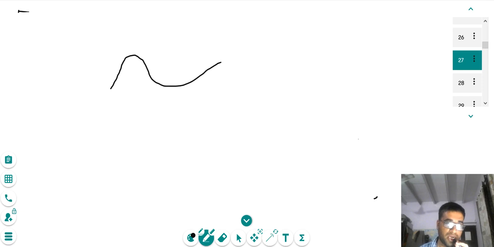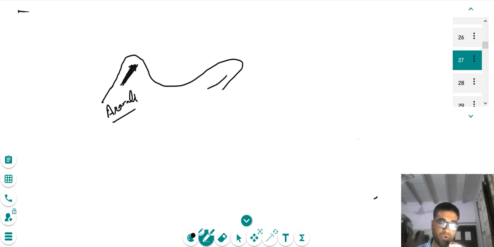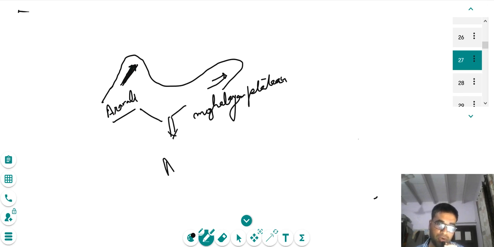Peninsular India is characterized by two outcrops: one on this side, that of the Aravalli, and another of the Meghalaya Plateau. Both are formed of Archean rocks.